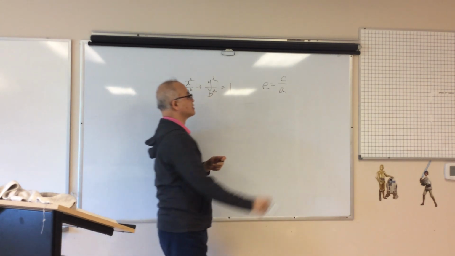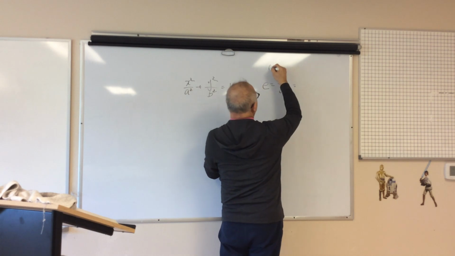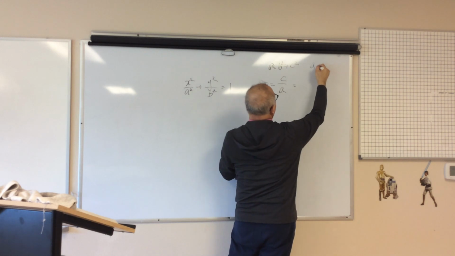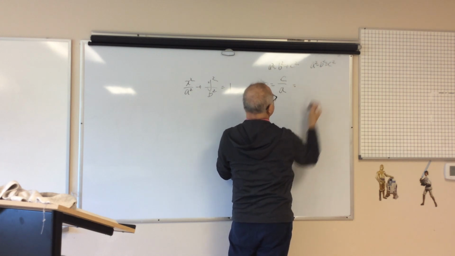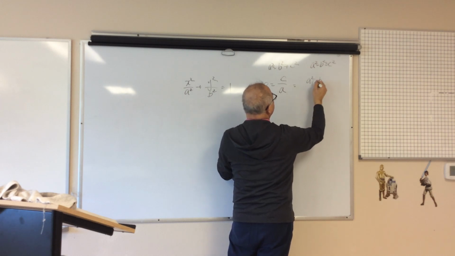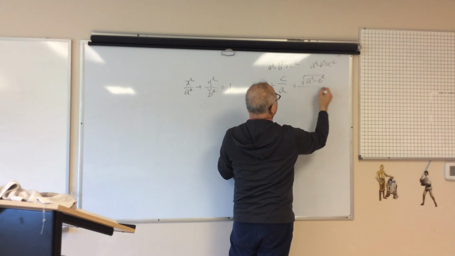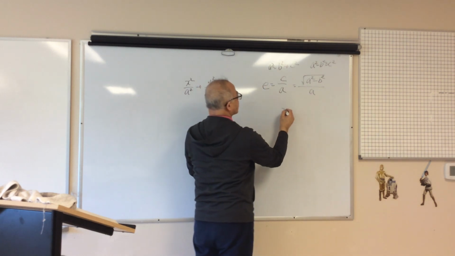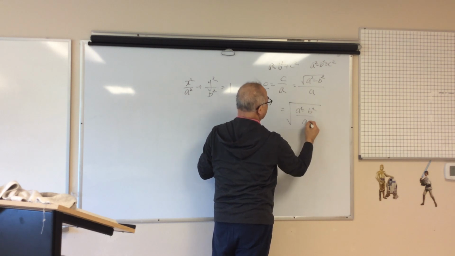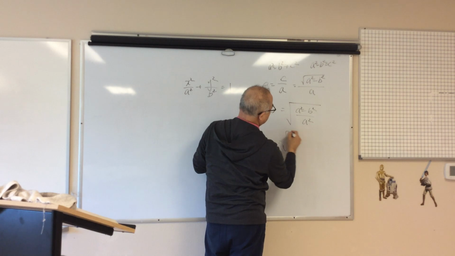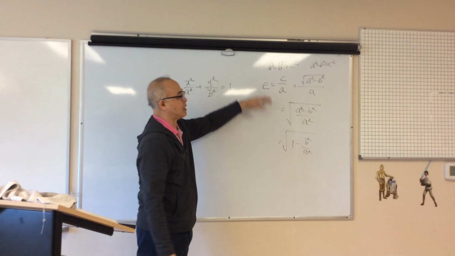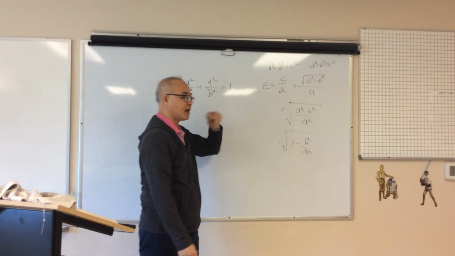If you remember correctly, if you move the c over, I get a squared minus b squared is c squared, so I get the root of a squared minus b squared, over a, which can also be written as the root of 1 minus b squared over a squared. So these are all the same expressions for the eccentricity.